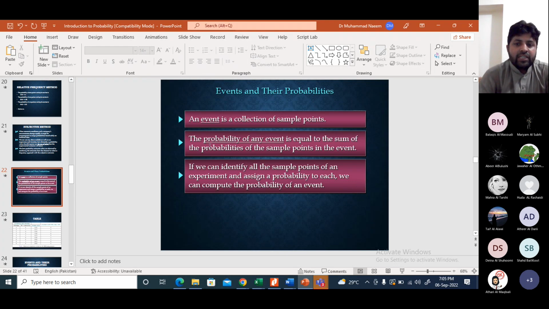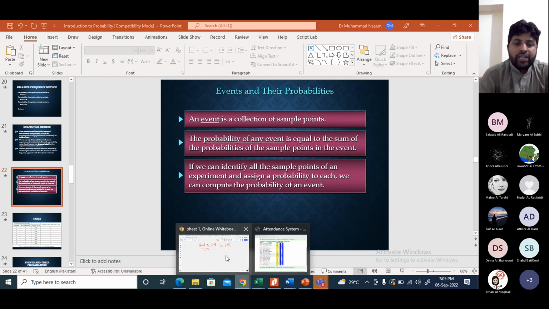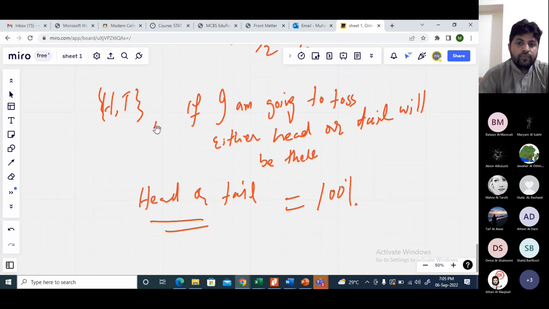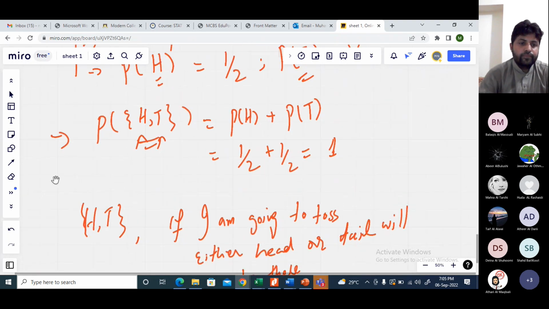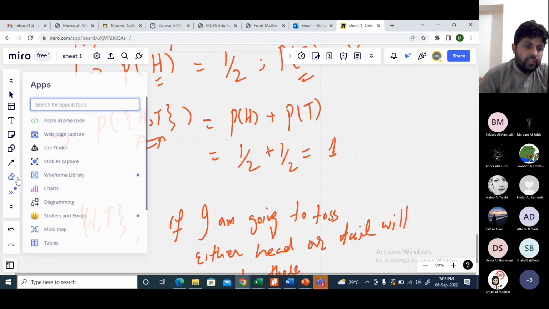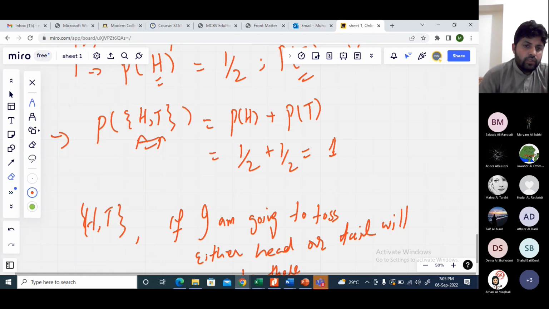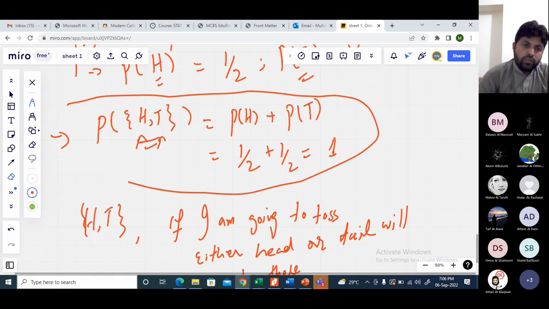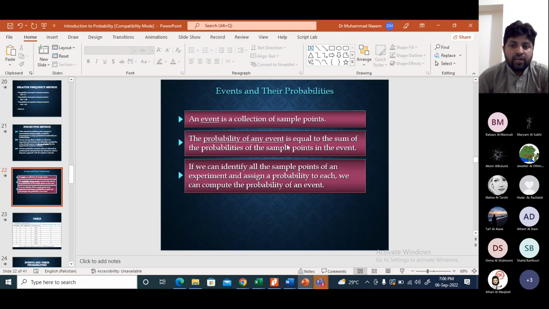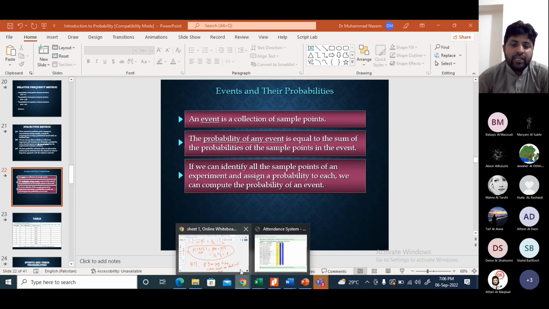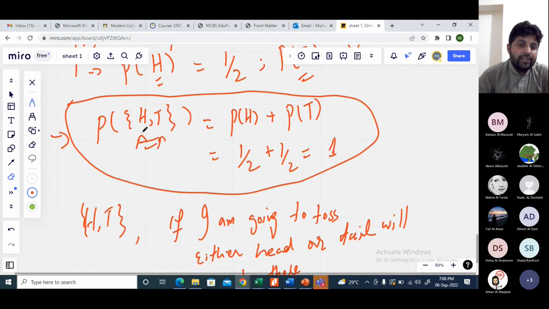The probability of any event is equal to the sum of the probabilities of sample points in the event. This second line is very important, that I have tried to explain here. In this event, we have two sample points, head and tail.